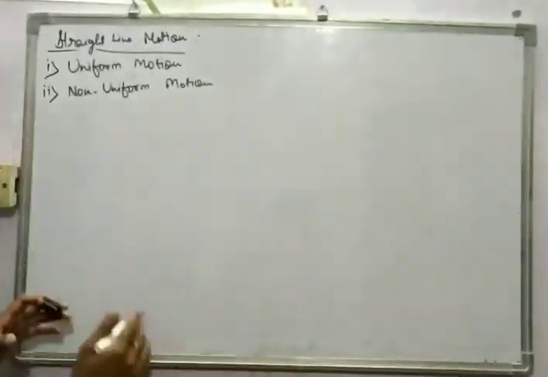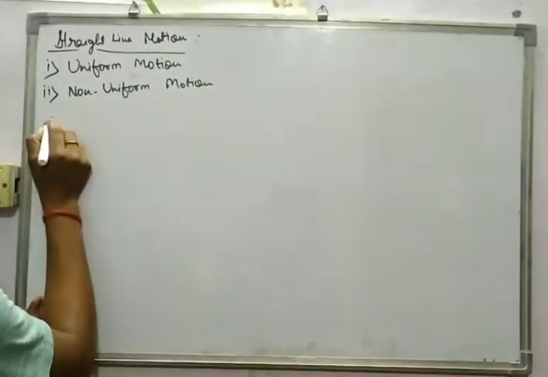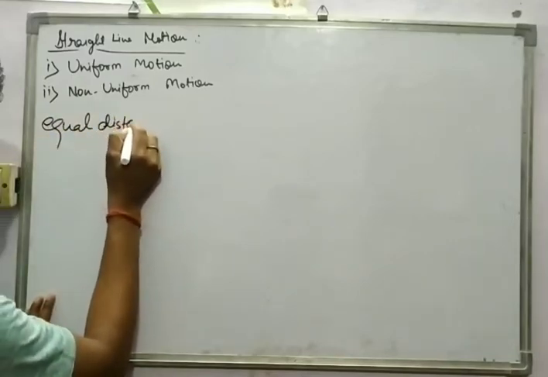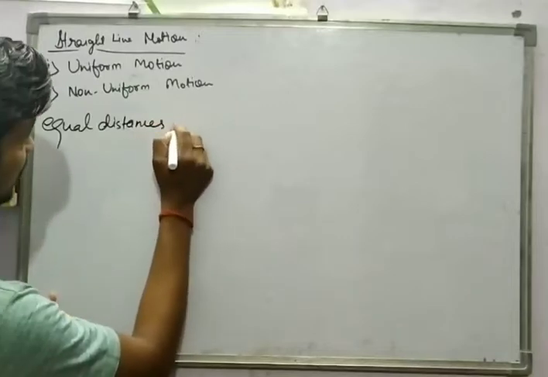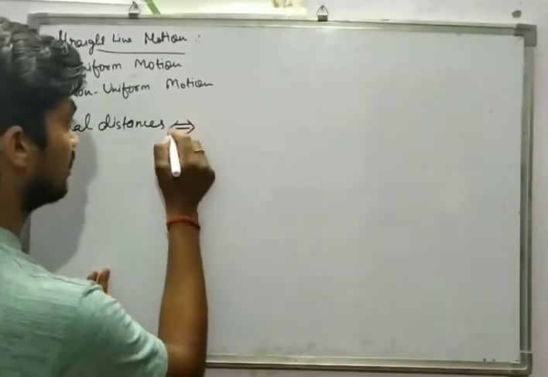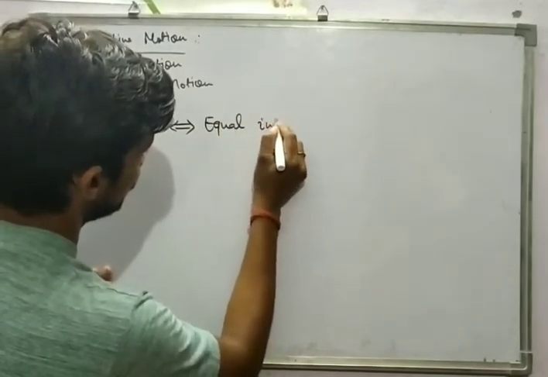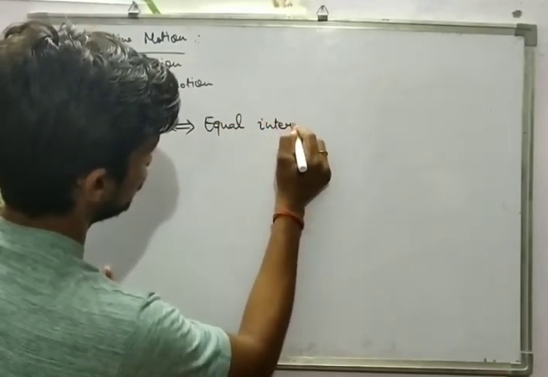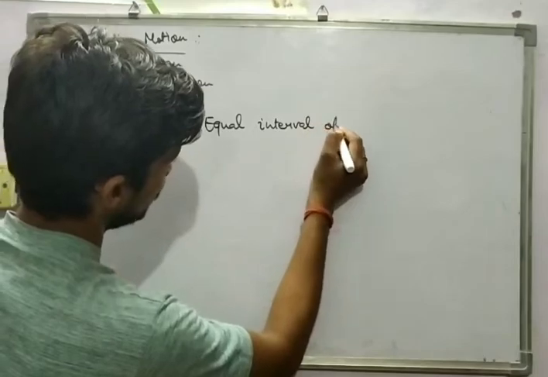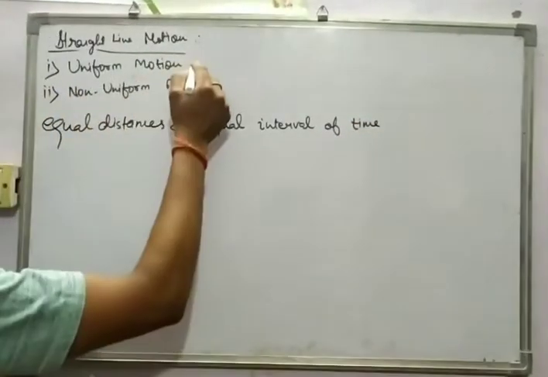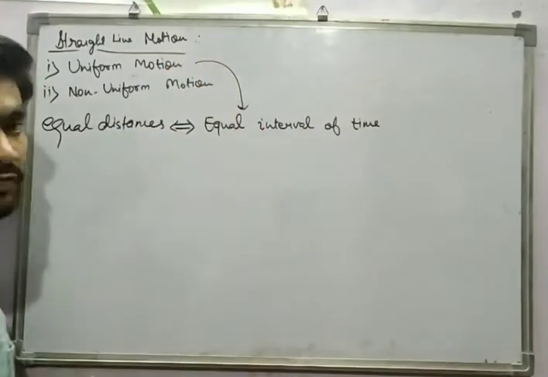So keep in mind, if equal distances are covered in equal intervals of time, then that type of motion is said to be uniform motion.